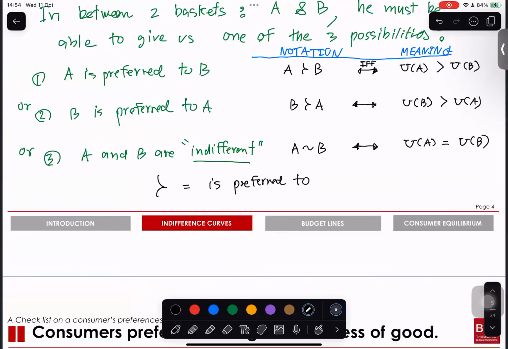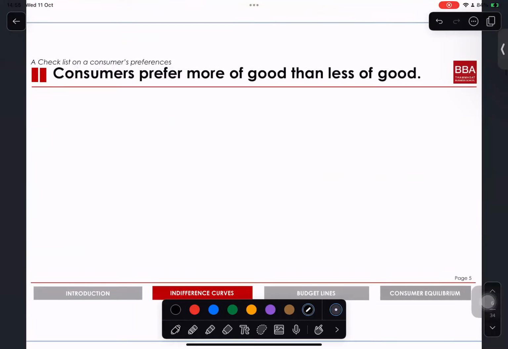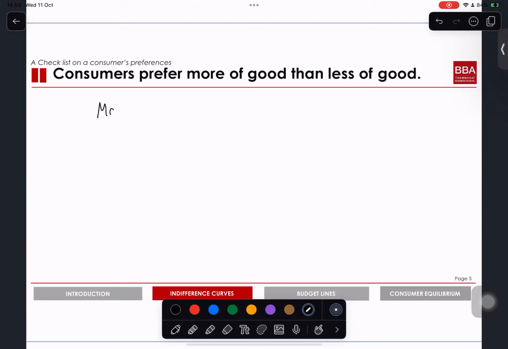Okay. Suppose this guy passed this first requirement, he can tell us which one: one, two, or three. Now we move to check the second one. This guy must love to have more of the goods rather than less. In short, this is about more is preferred to less.